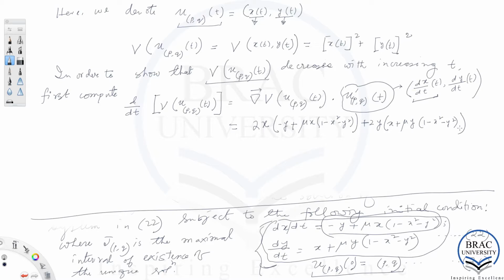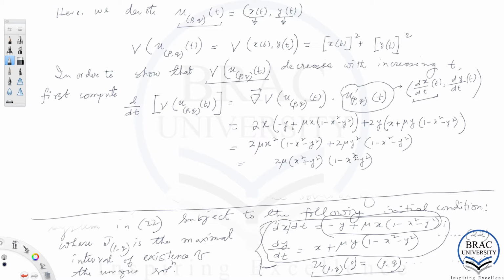So if we just do some algebraic manipulation, we see that this 2xy cancels against this 2xy, and finally we have 2 mu x squared times 1 minus x squared minus y squared plus 2 mu y squared times 1 minus x squared minus y squared, resulting in the following: 2 mu times x squared plus y squared times 1 minus x squared minus y squared, right?